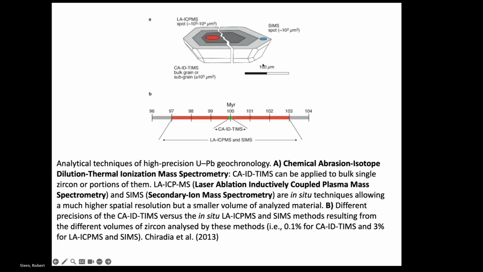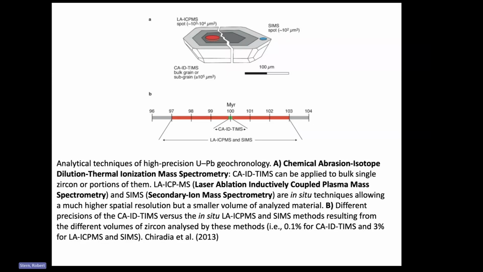This is the size of an individual zircon, just 100 microns there. So, what we do with chemical abrasion isotope dilution thermal is we separate the zircons, and then we do some chemical abrasion and attack them with acids, and then analyze them on a mass spectrometer like the one I was sitting at 40 years ago.